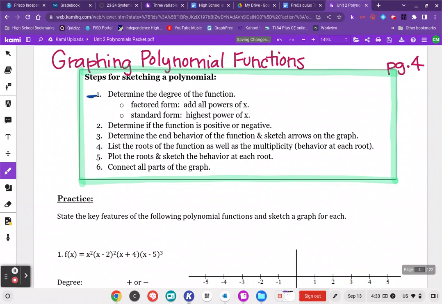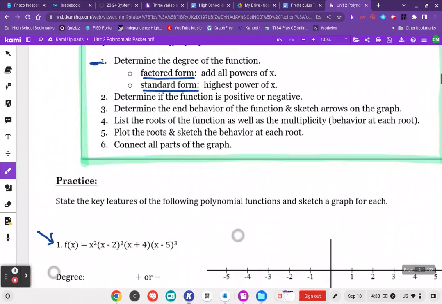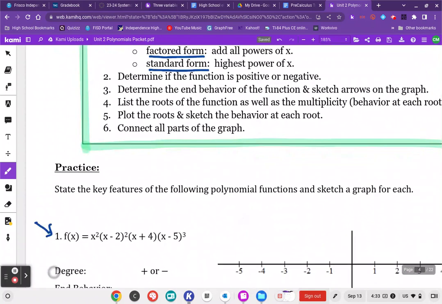The way I determine the degree is by looking first to see how my equation is written. Is my equation written in factored form or in standard form? Number 1 down here is written in factored form. How do I know that? Because it's got parentheses in it. So it's written as basically a list of factors.